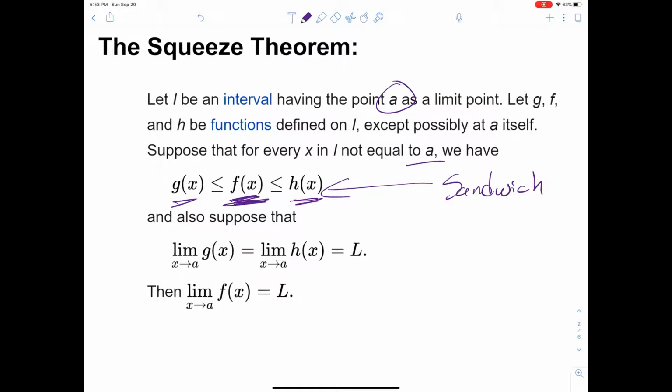Secondly, we need the top function and the bottom function to achieve the same numerical limit. They have to have a limit, and it has to be the same limit at the x-coordinate that we care about. If all of that is true, we can conclude that the limit of the middle function, the meat of the sandwich, is the same as the crust.